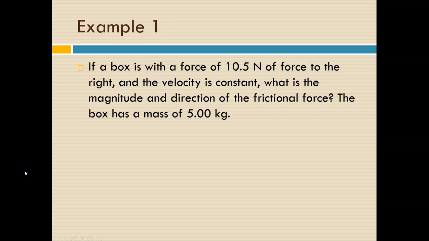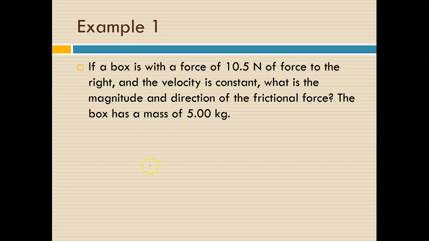Let's start off with a simple problem. If we have a box that has a force of 10.5 newtons to the right, and the box is moving with a constant velocity, then what is the magnitude and direction of the frictional force? Assume the box has a mass of 5 kilograms.